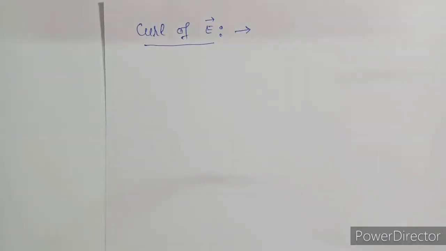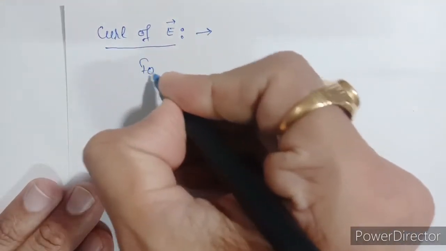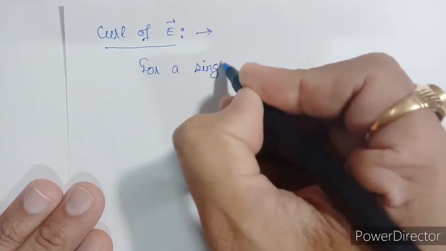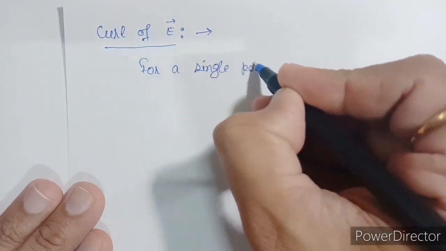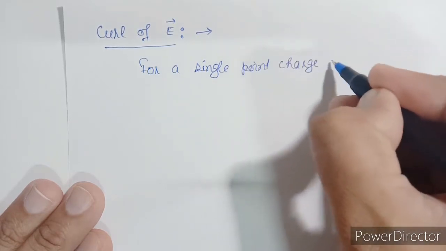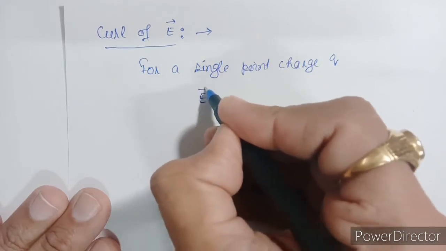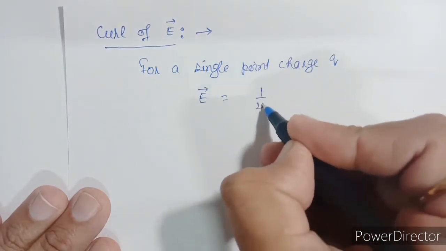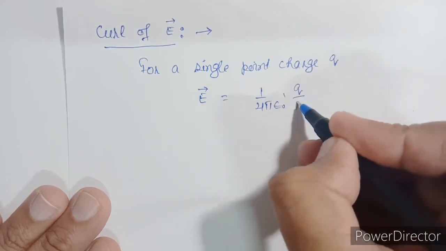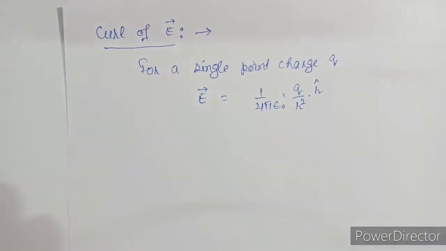For this, suppose we have a single point charge Q, then the electric field for this is equal to 1 over 4 pi epsilon naught into Q over R square into R cap.